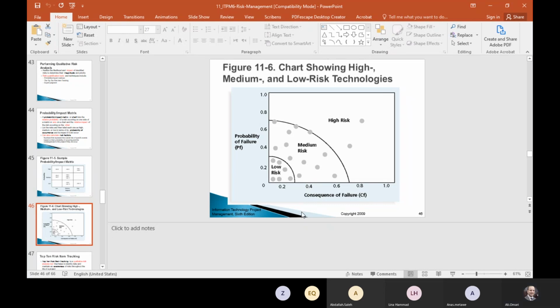As you can see, based on the probability of failure and the consequence of failure, how often this risk could be failing versus the probability. And there is a low risk area, and medium risk and high risk.